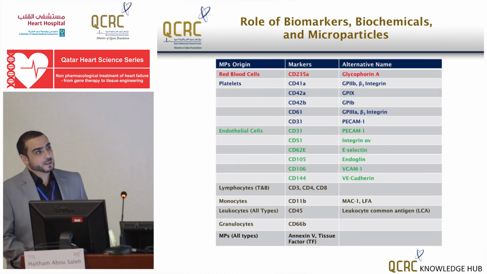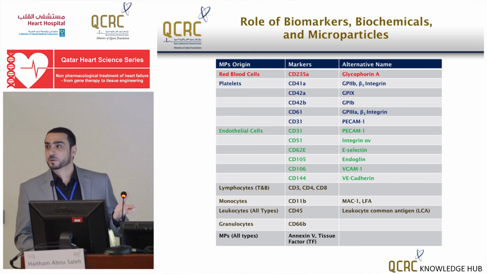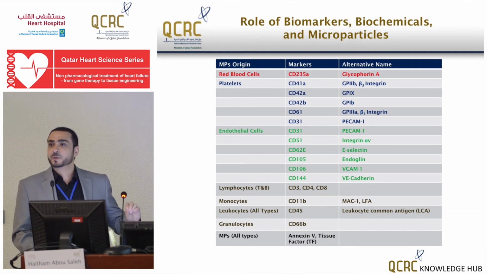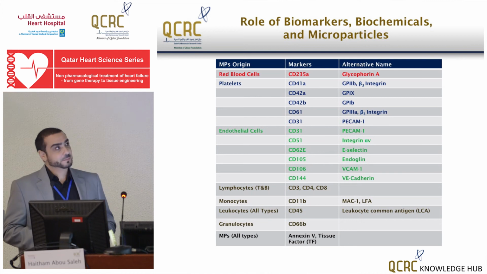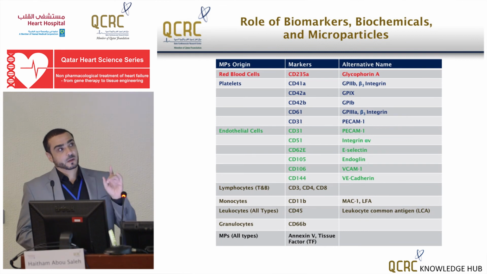I said in the beginning of the talk that the microparticle inherits some proteins and specifically some surface markers from the parental cell. These surface markers will help us to identify a specific type of microparticle. For example, platelets express a panel of surface markers that are exclusively expressed in platelets, and we can use monoclonal antibodies that are specifically directed against these markers.